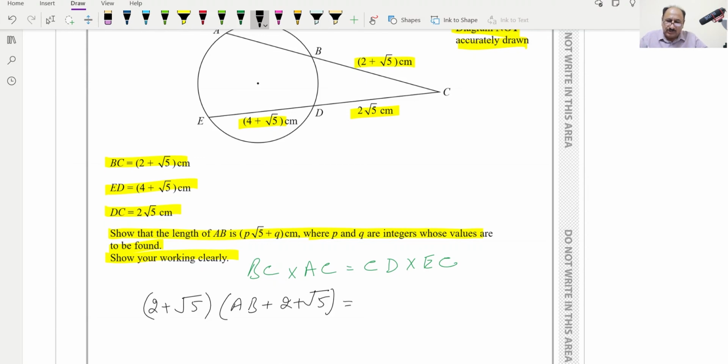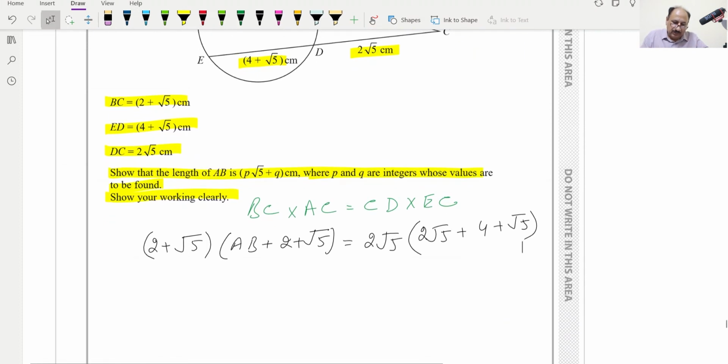And this is equal to CD, which is 2 root 5, multiplied by EC, which is 2 root 5 plus 4 plus root 5. Now we can find AB.